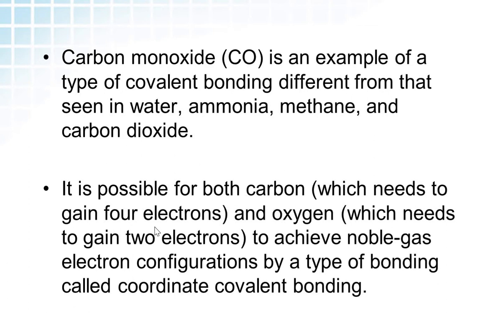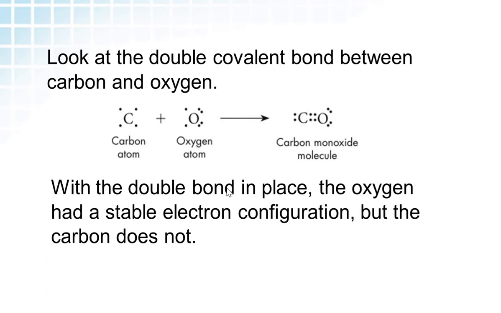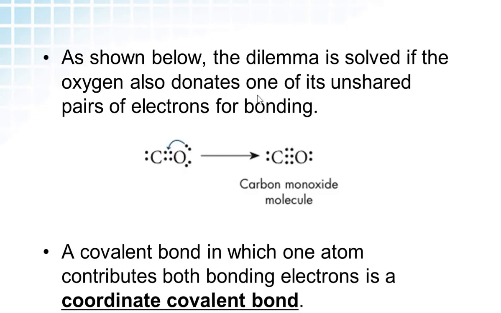Carbon needs to gain 4 electrons, and oxygen needs to gain 2 electrons to achieve the noble gas configuration. Here the carbon atom has 4 valence electrons and the oxygen atom has 6 valence electrons. So here one of them will donate one of its unshared pairs of electrons for bonding.